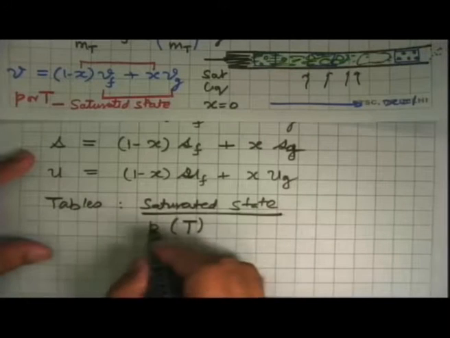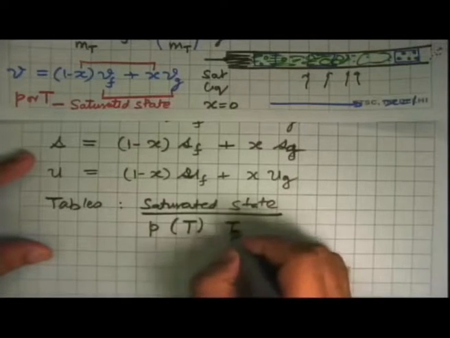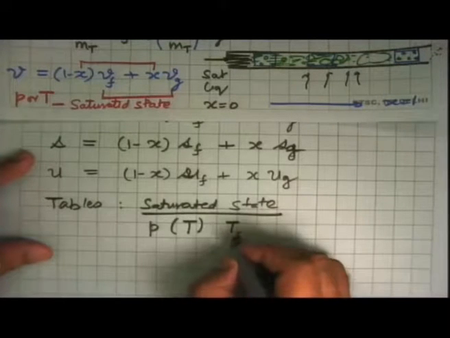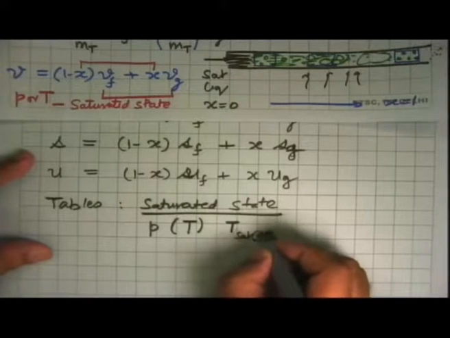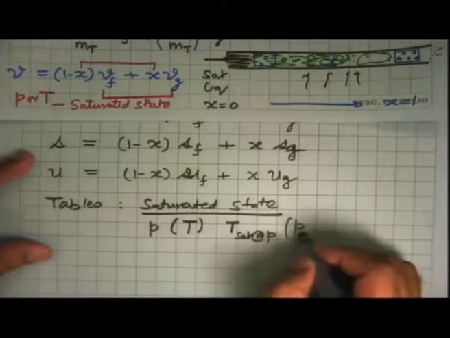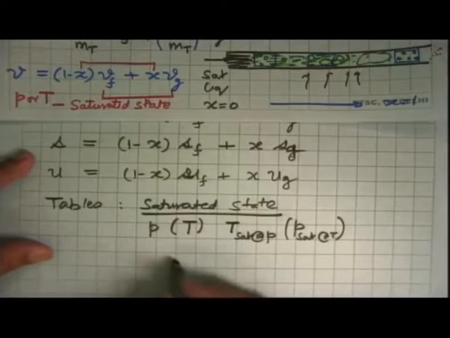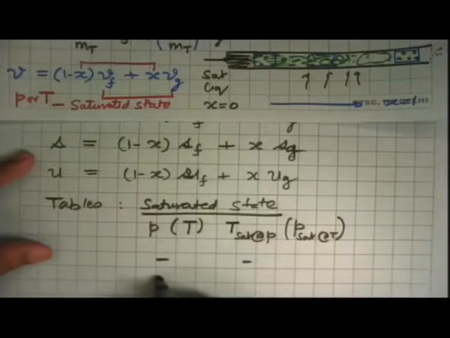If the pressure is given, then after that follows a temperature column, which is the saturation temperature at this pressure, Tsat at this P. If the temperature is the first entry, then the second column will be Psat at that temperature. So we'll have an entry here, an entry here, like this.